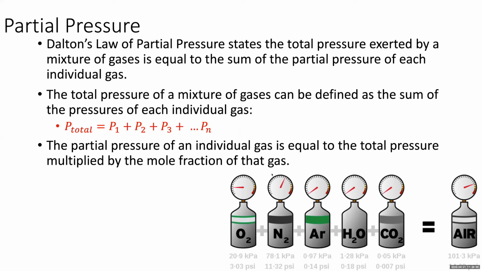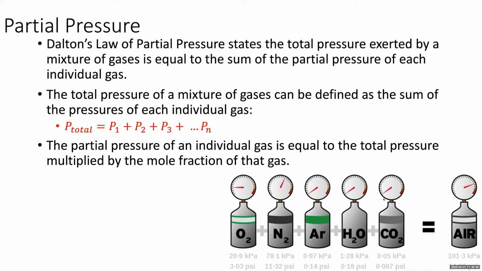And all these pressures will add up to a grand total like the formula down here. P total refers to the sum of all the gases in the room. P1 plus P2 plus P3, and so on and so forth. So we add the pressure of oxygen, nitrogen, argon, water, CO2, and then we get the total pressure in your room.